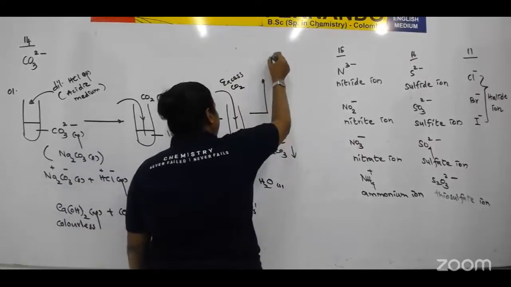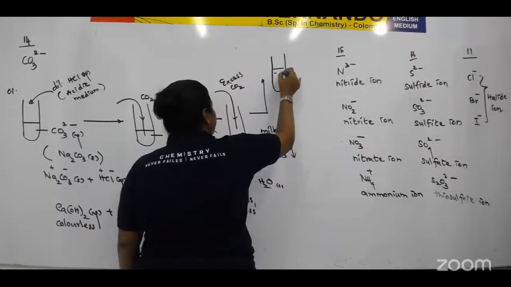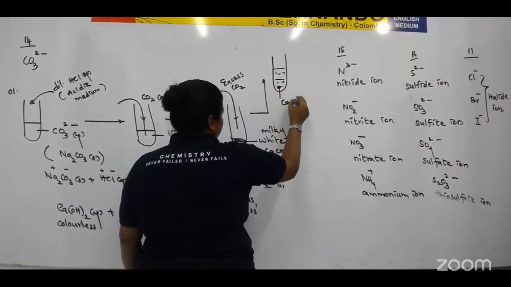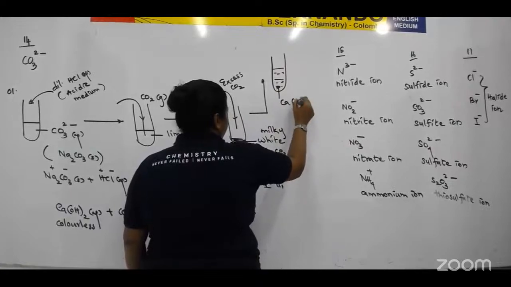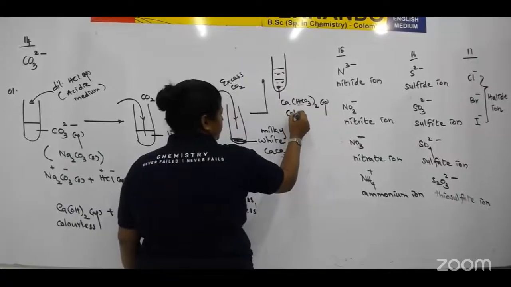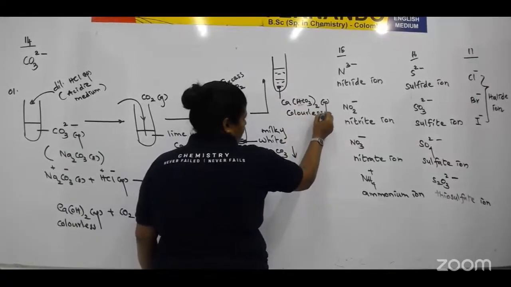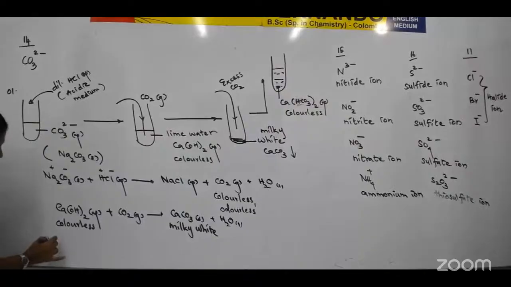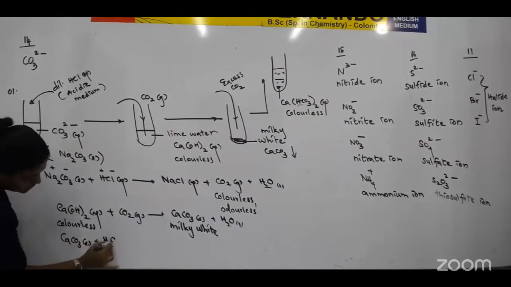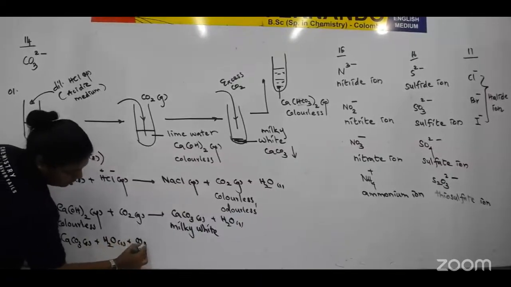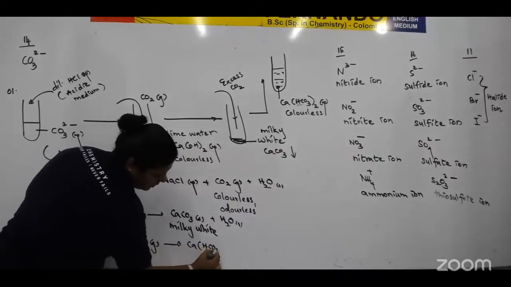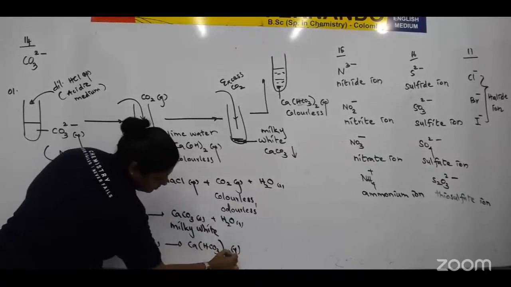So the milky white calcium carbonate reacts with excess carbon dioxide, giving colorless calcium bicarbonate.